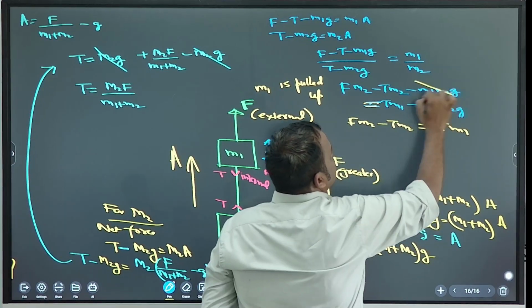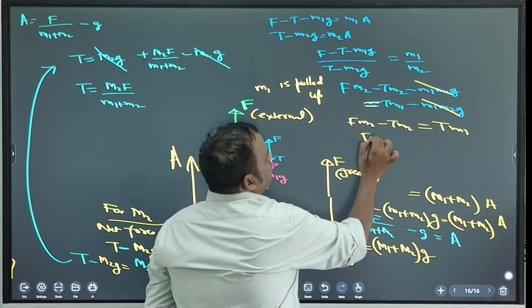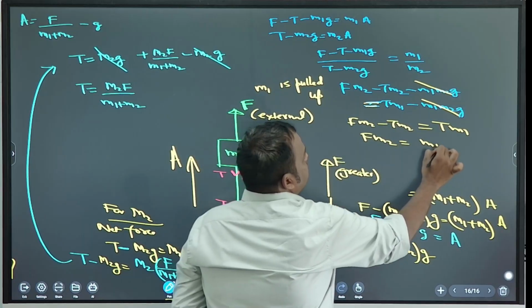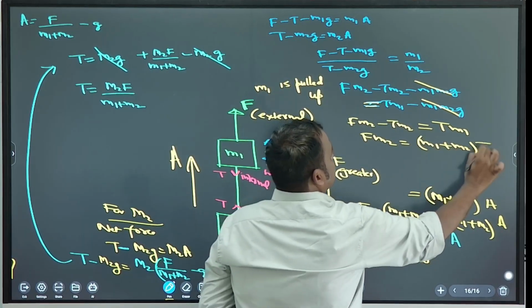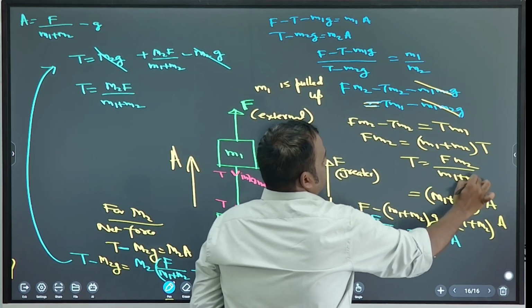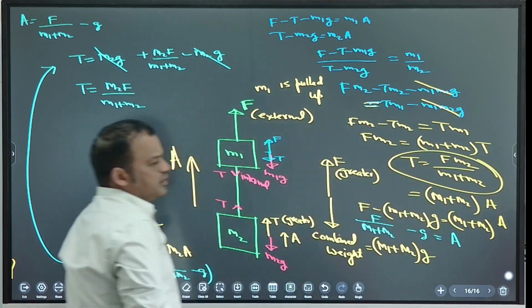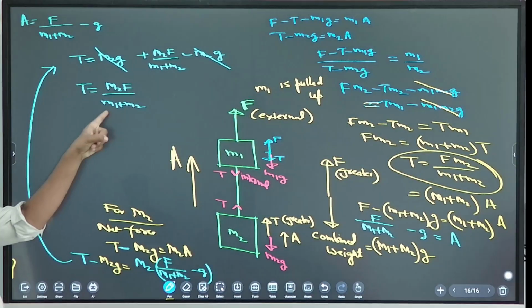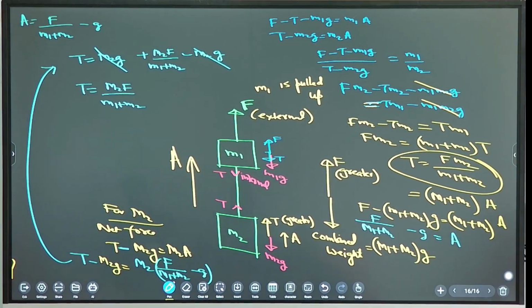Okay, these two cancel. So F M2 is equal to (M1 plus M2) into T. So T is equal to F M2 by (M1 plus M2). So same formula we are getting. Okay, so it is correct, M2F by (M1 plus M2). Okay, clear? Note down. So two blocks.